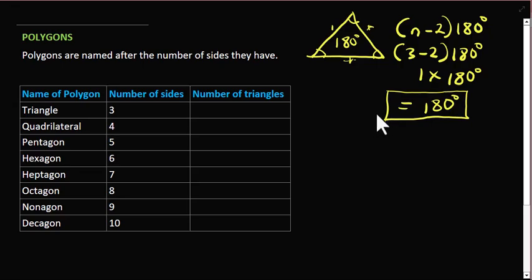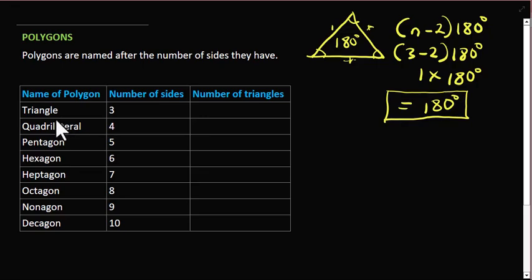So you see, it makes sense when we say that the sum of angles in a triangle is 180 degrees. It simply means that we need 180 degrees to make up one triangle. So if we have 360, or 540, the number of triangles increases.